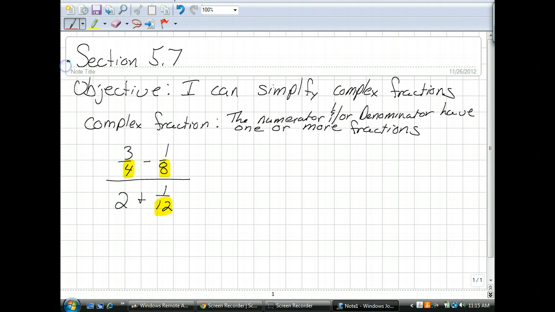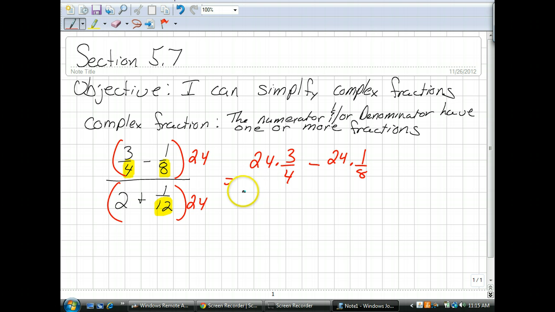So what we do is we multiply the whole numerator by 24 and we multiply the whole denominator by 24. So if I distribute the 24, I get 24 times 3 over 4 minus 24 times 1 over 8, over 24 times 2 plus 24 times 1 over 12.